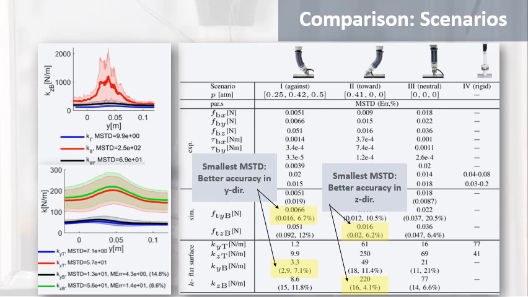So we suggest bending the appendage toward the slider motion if we want a better estimate of the vertical stiffness, and bending it against the slider motion if we want a better estimation in the horizontal direction.